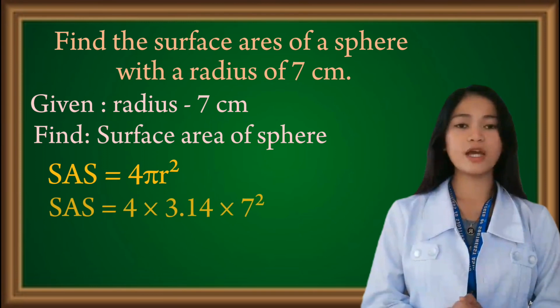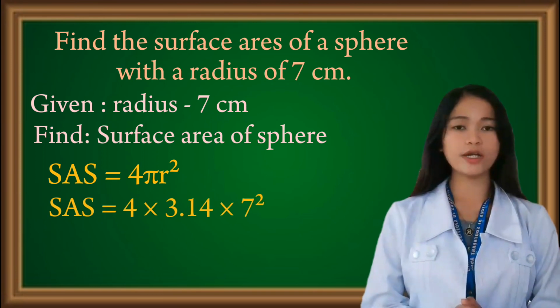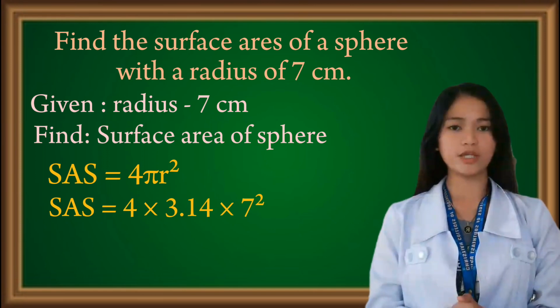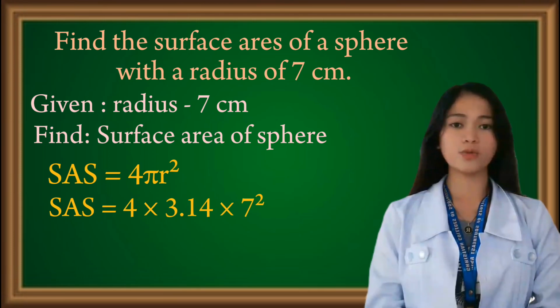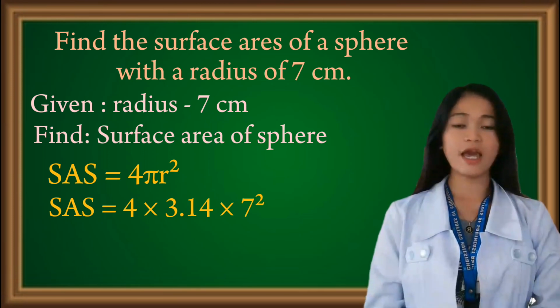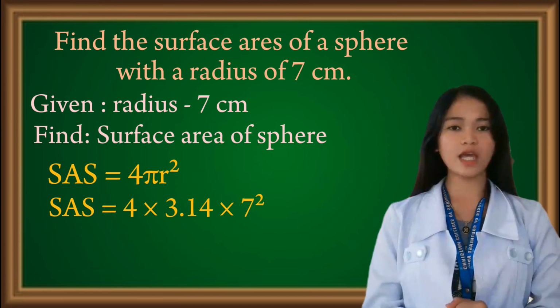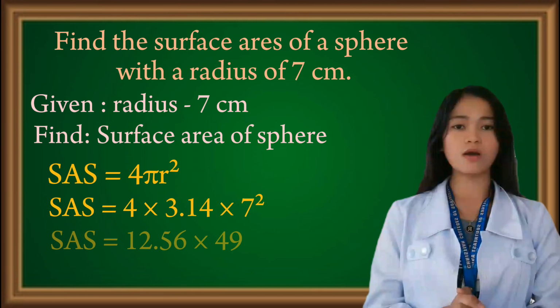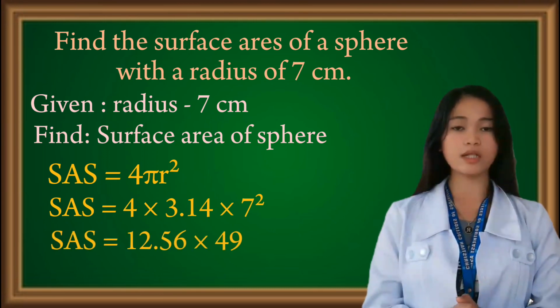So surface area of a sphere equals 4 times 3.14 times 7 squared. So we will go in multiplication. 4 times 3.14 is equal to 12.56. And 7 squared, or 7 times 7, is equal to 49. So surface area of a sphere equals 12.56 times 49.